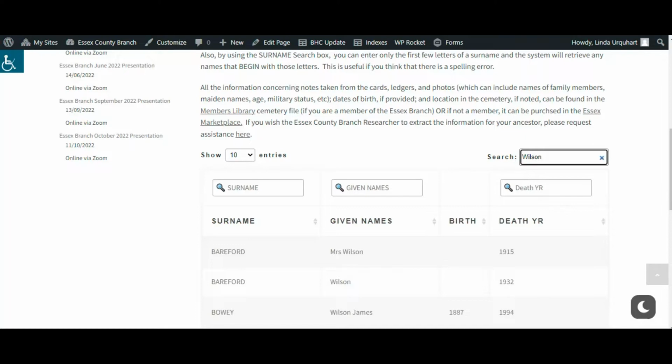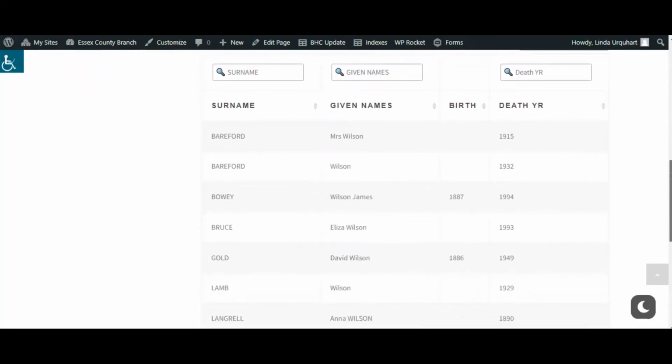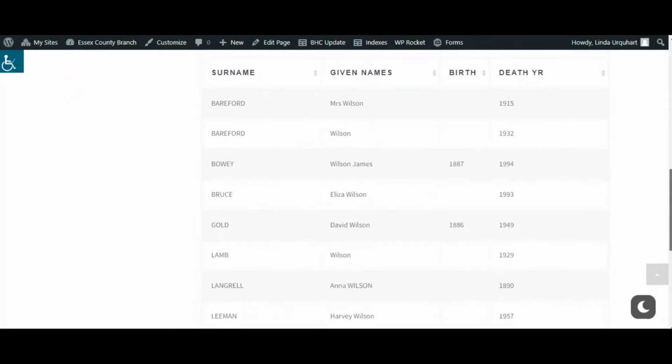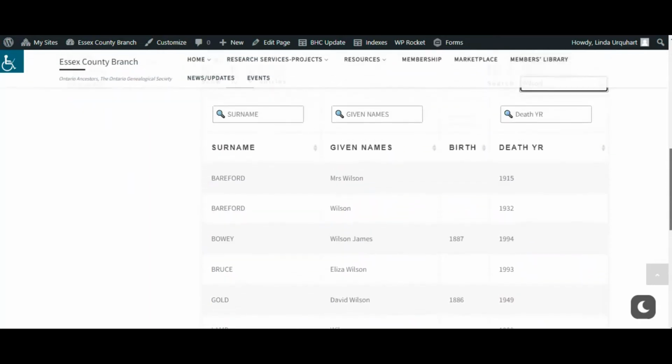It will give me any record that has the word Wilson either in the surname or the given name. It gives me an idea of when they were born and when they died, so that you can be sure you've got the right person. And all it's going to tell you is that that person is buried in Windsor Grove.